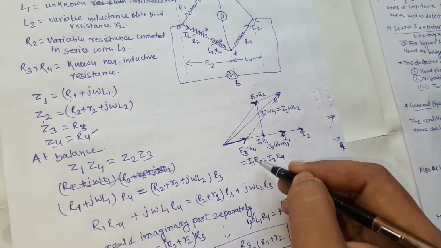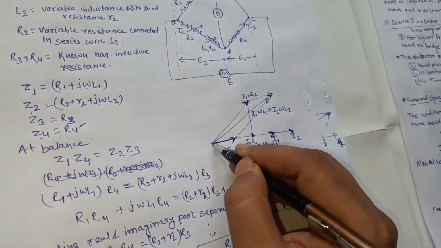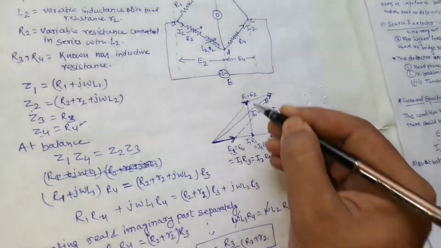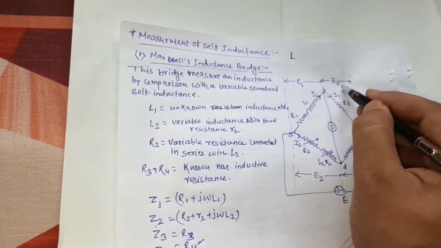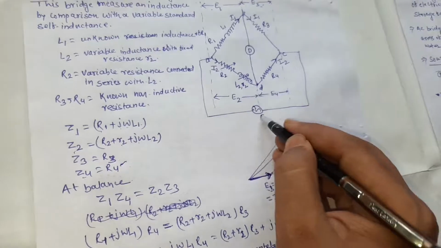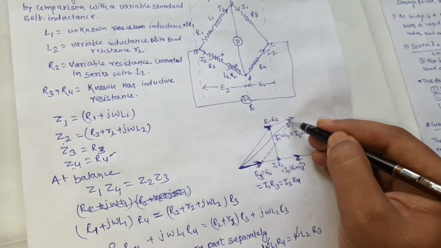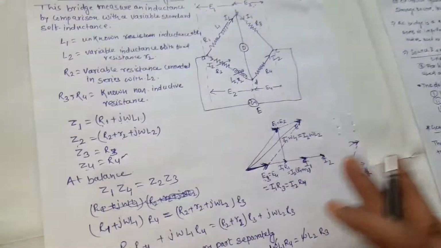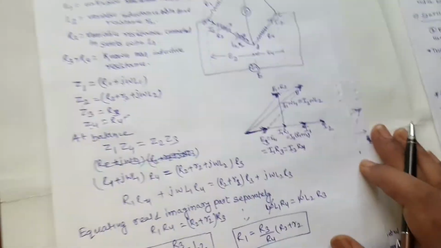So suppose this is E3 and this is E1. You know that E1 plus E3 is equal to the total applied voltage E. So this is the phasor diagram of Maxwell's inductance bridge.